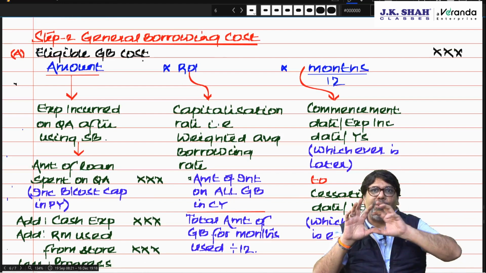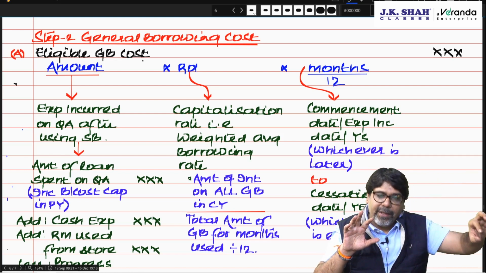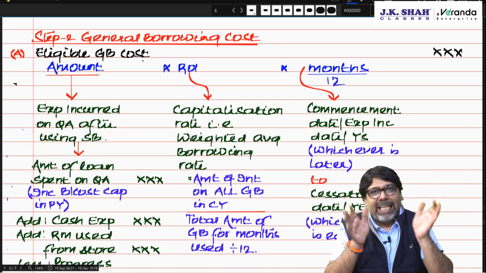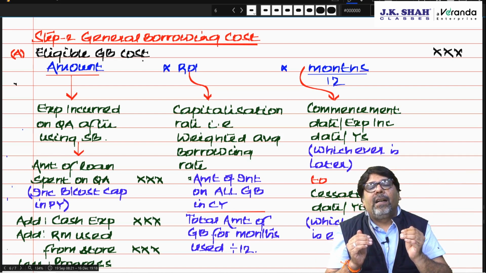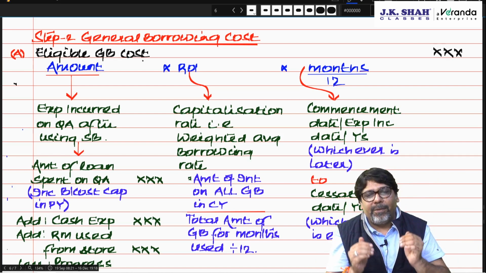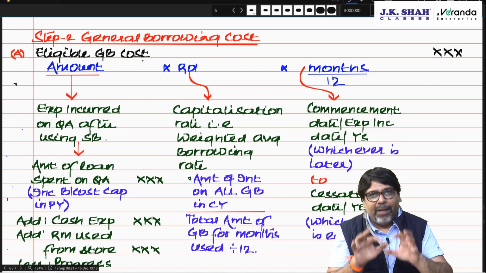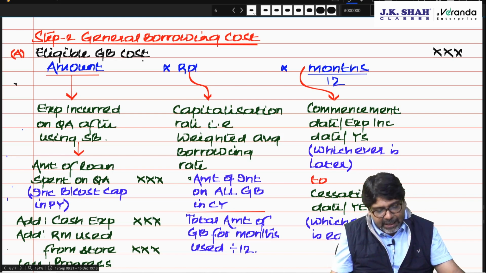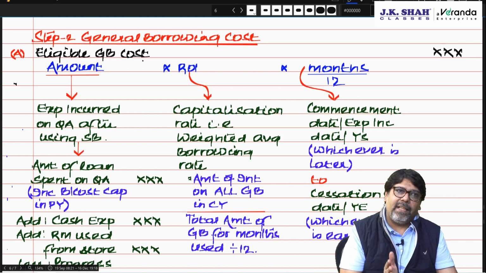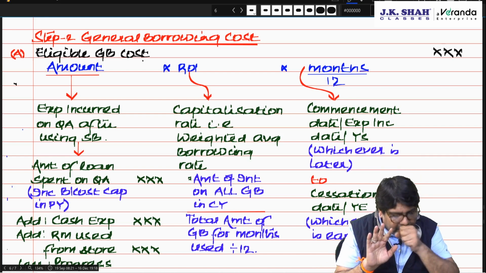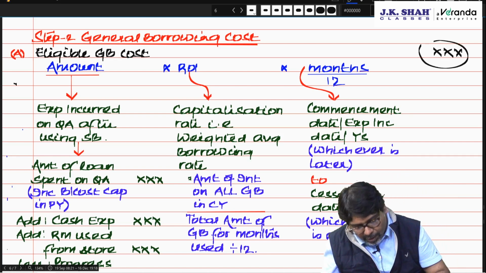The amount which you have spent after exhausting specific borrowings, cash plus non-cash, minus subsidy, minus progress payment and interest of previous year. Correct? Rate of interest, capitalization rate, and then months by 12, commencement or year starting, whichever is later, cessation or year ending, whichever is earlier. That will give you general borrowing cost.